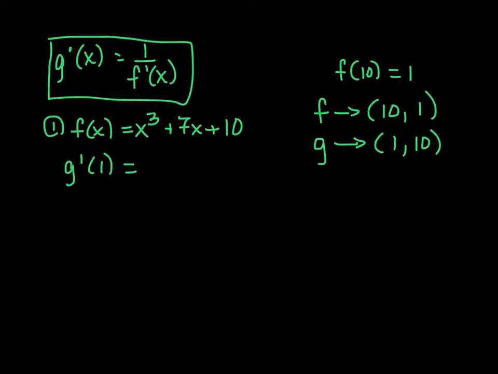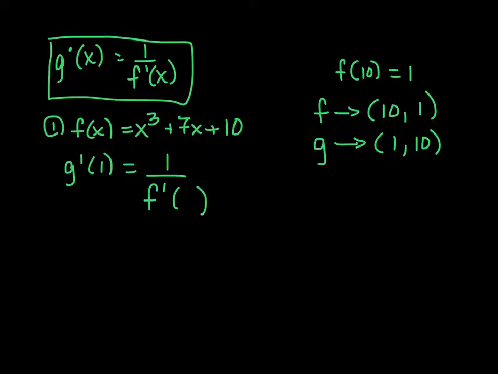Okay. So they want you to find g prime of 1. Well, what I can do is look at the original equation right up here. This is g prime, and so is this. And notice they said x is 1. So I'm going to write the formula down: 1 over f prime. Now, here's the thing.